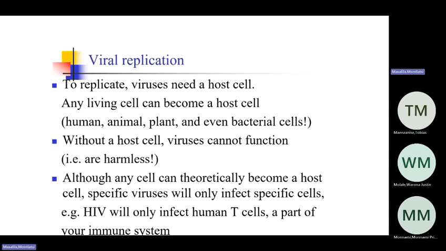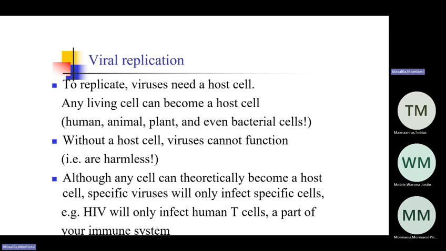So although any cell can theoretically become a host cell, specific viruses will only infect specific cells. But yes, theoretically, we can say they need the host cell to survive. But what type of host cell? Some viruses affect this kind of cell only and cannot affect the other kind of cell.